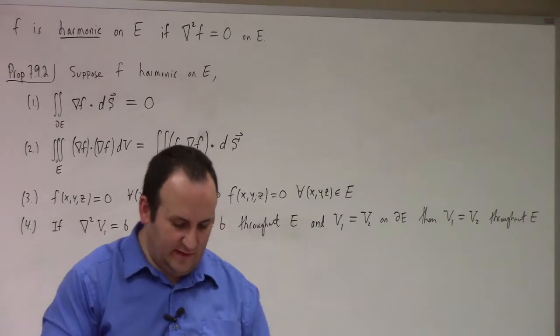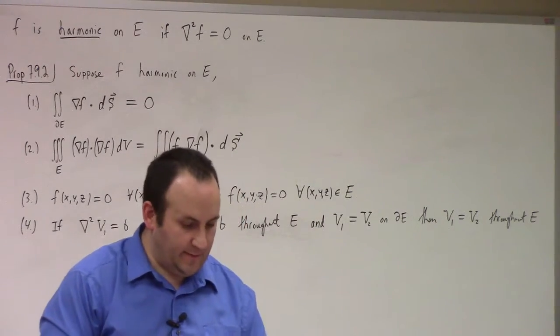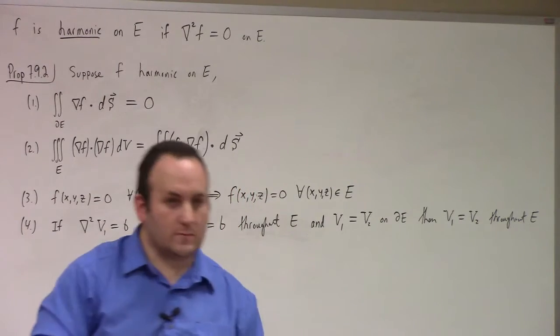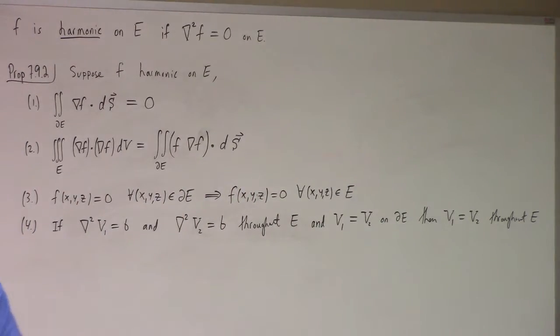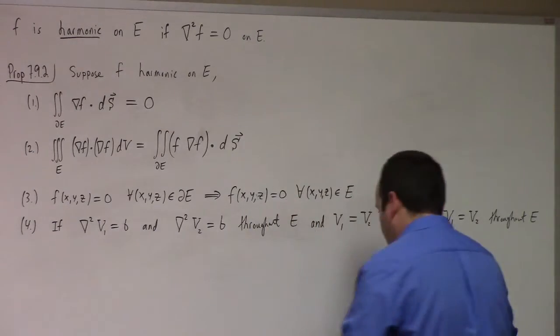I do regret using E as the solid here because I'd really like to make a comment at this point about electric fields and potentials and such. But I guess I'm still okay. So let me make a side comment here before I forget.